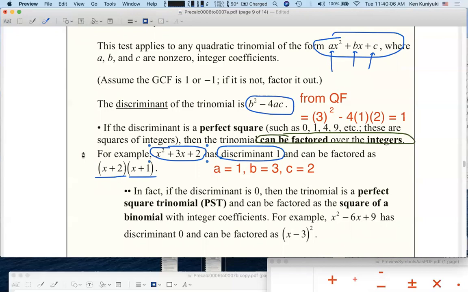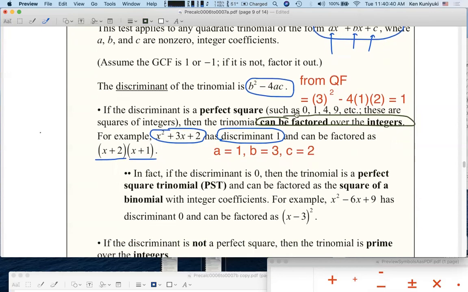Hopefully, you don't need this test to figure out quickly that this decomposes as the factor x plus 2 times the factor x plus 1, or vice versa. If you're having trouble with this kind of QT factoring, you may want to practice on Alex. But now, if we had a more complicated QT, where the coefficients were more complicated, like a 42 and a 37 and a 111 or something like that, then could we factor that over the integers? Then the test for factorability could be very helpful.